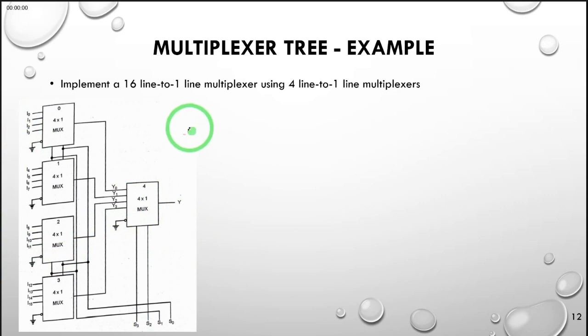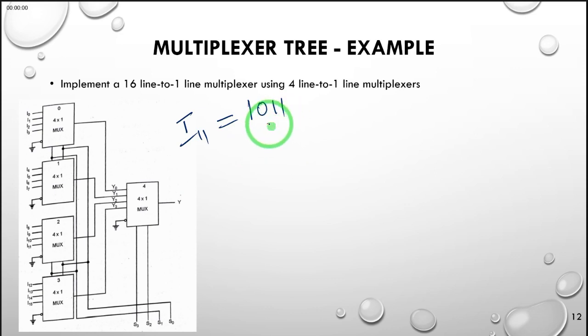For instance, we want to select input I11. So I11 is going to be represented by 1, 0, 1, 1. This is 8 plus 2 plus 1, that becomes 11.